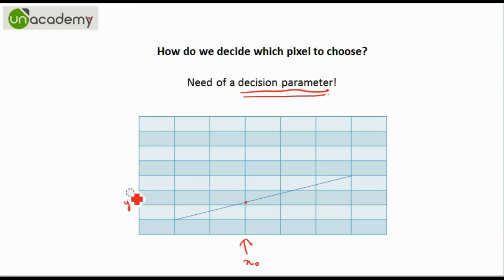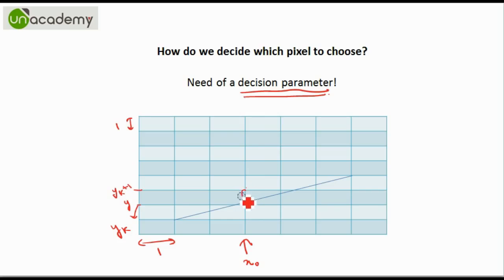I'll call it y, and this will be yk plus 1 and this will be yk. So let us assume that this is 1 unit in x and this is 1 unit in y direction.